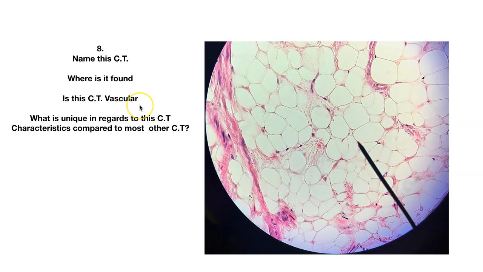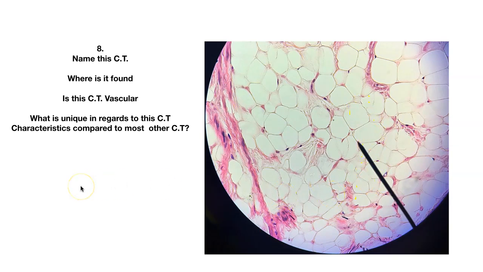Yes or no? And the last thing about this connective tissue, what is unique in regards to this connective tissue's characteristics compared to most other connective tissue characteristics? What is unique about this connective tissue?